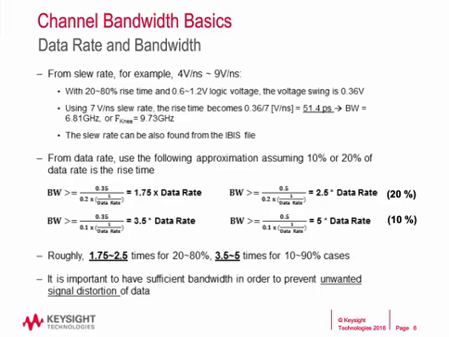Otherwise, we may need to use other approximation methods. Assuming typical rise time of a signal is 20% or 10% of data rate, we can come up with 1.75 to 2.5 times of data rate rule for the 20% case, or 3.5 to 5 times for the 10% case.